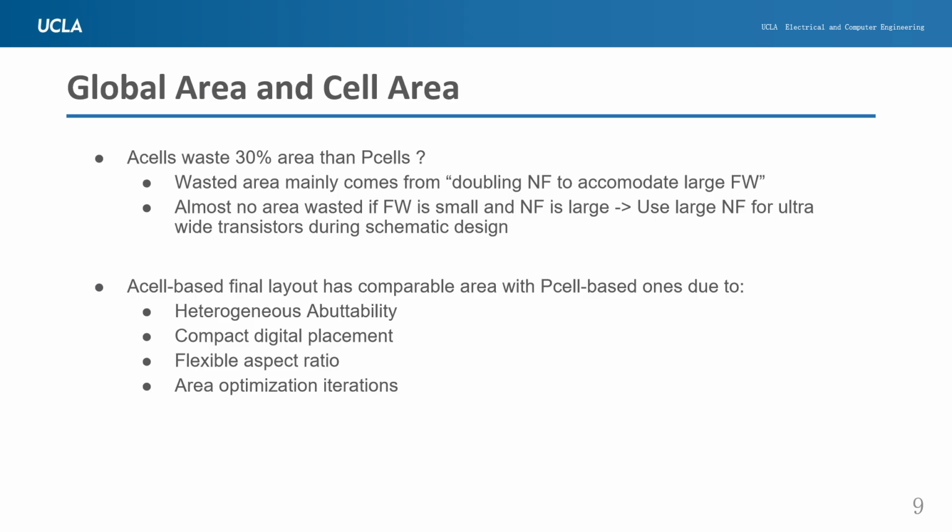Also, the powerful placement algorithm for digital APR tools generates much more compact placement than manually placing the P cells. Also, the A cell based subcircuits have more flexible aspect ratios, which makes it easier to put different pieces together. Also, because the whole thing is automatic, there will be faster and more effective area optimization iterations.